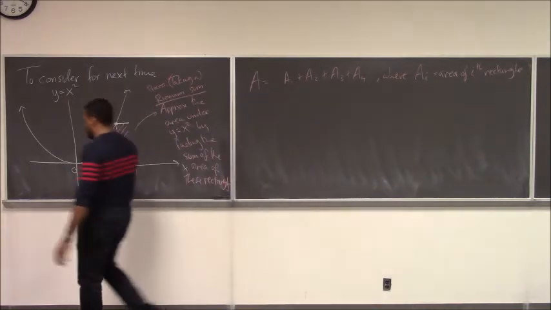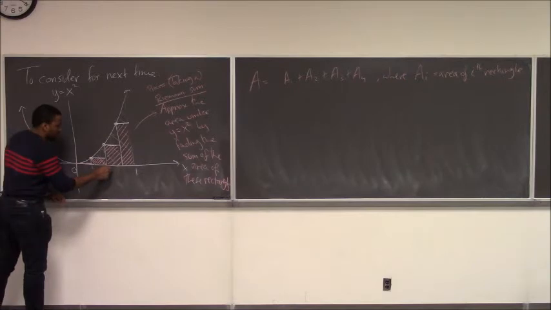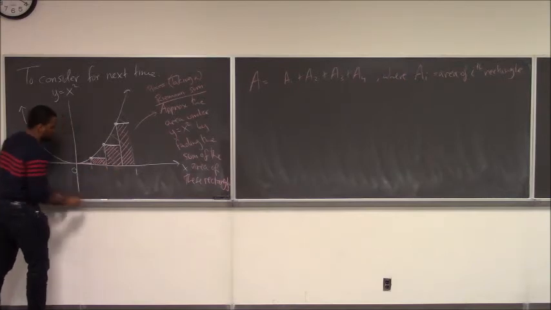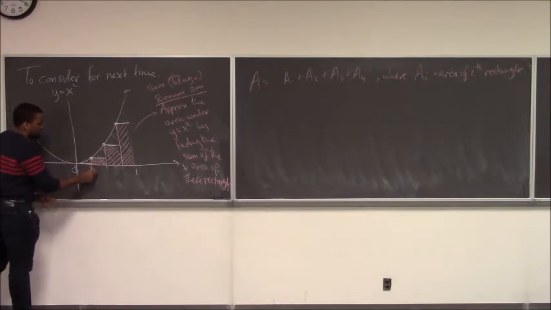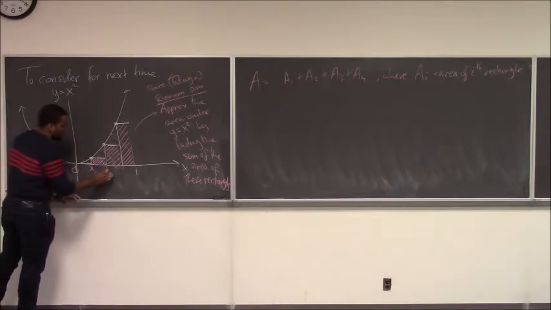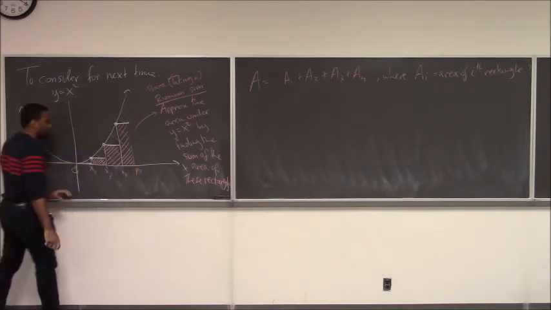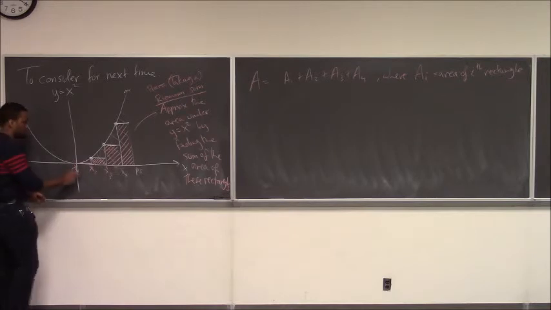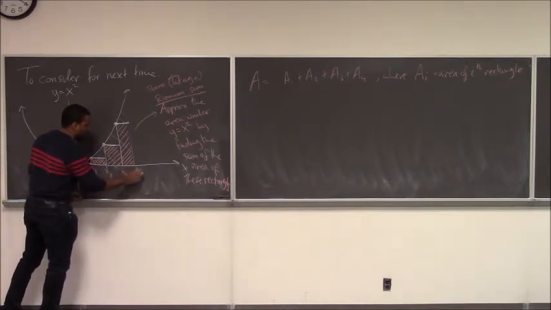Now, how do you actually go about finding the height? Well, you pick numbers for these guys. Say I call this 0, x1, this would be x2, that would be x3, this would be x4, that would be x5. Maybe I should start at 0, 1, 2, 3, 4.